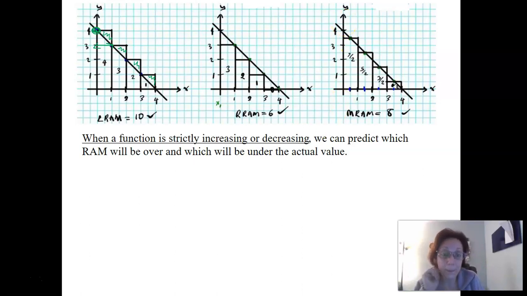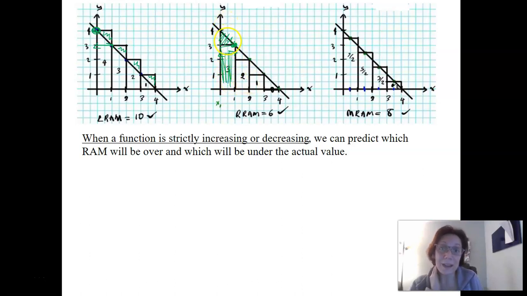The exact opposite happens if you do an RRAM, again, on a decreasing function. Where's my pen? Okay. So notice here, again, on my interval from 0 to 1, this function is decreasing. If I choose to line up on the right on this interval, I am choosing the absolute lowest point on this interval. Therefore, I know for a fact my rectangle is going to be too short.